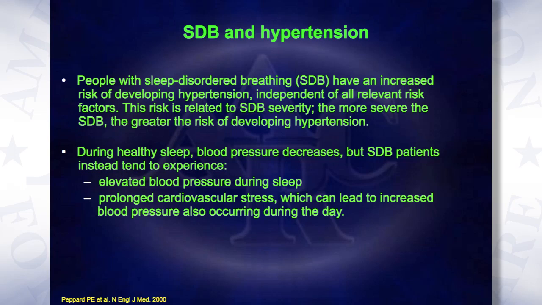If we look at sleep disordered breathing and hypertension, we know that sleep disordered breathing carries an increased risk of developing hypertension, independent of all of the relevant risk factors. So it is a risk that is related to the sleep disordered breathing severity. The more severe the sleep disordered breathing, the greater the risk of developing hypertension.